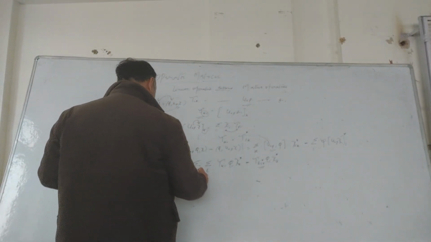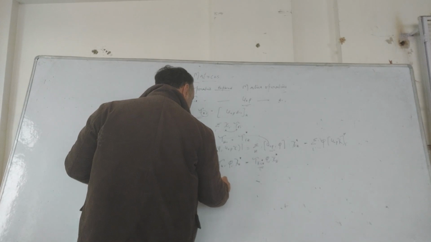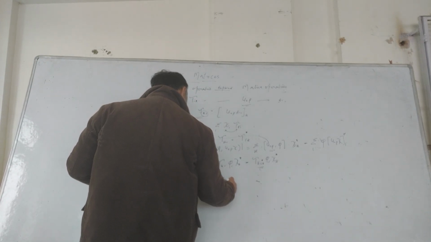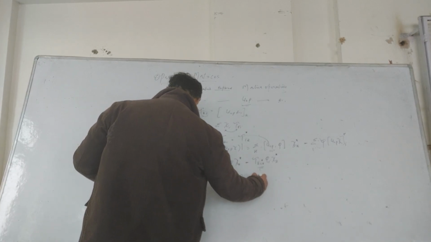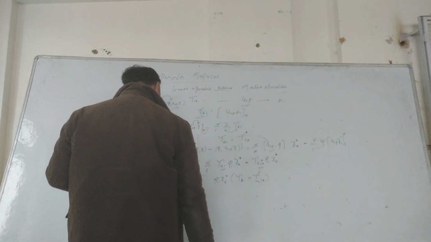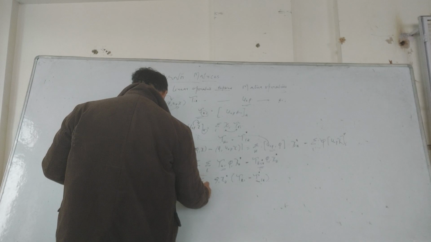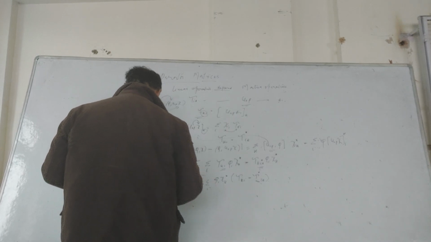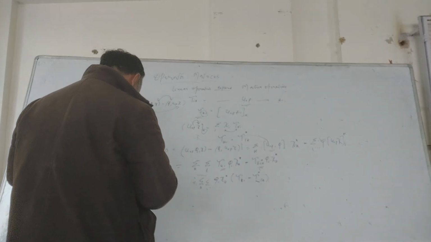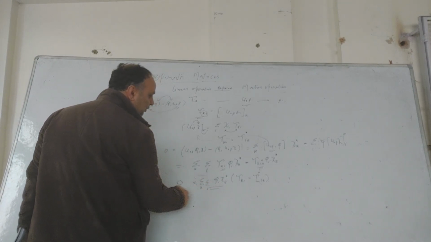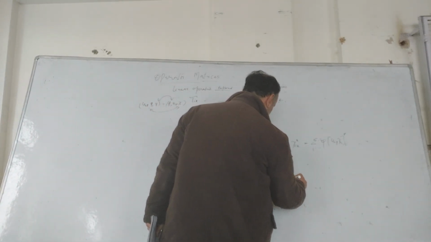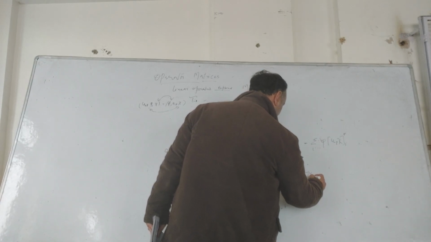You can get phi_i chi_k star outside. So this means T_ki minus T star_ik, summed over k and i, is 0. So from that, T_ki is equal to T_ik star.